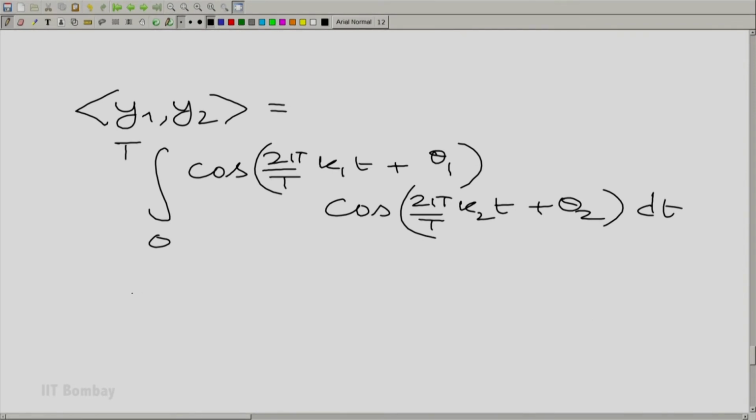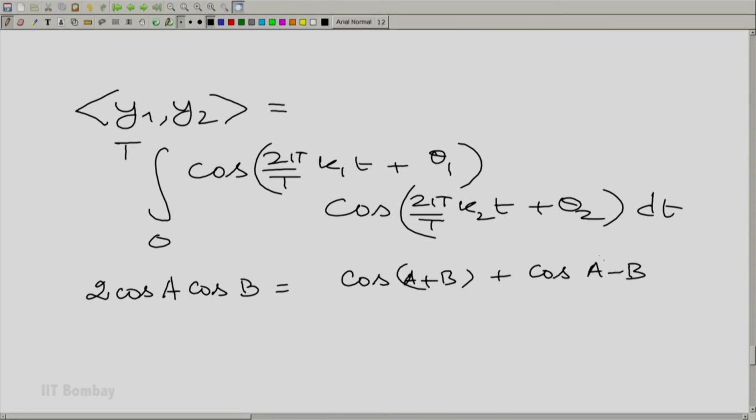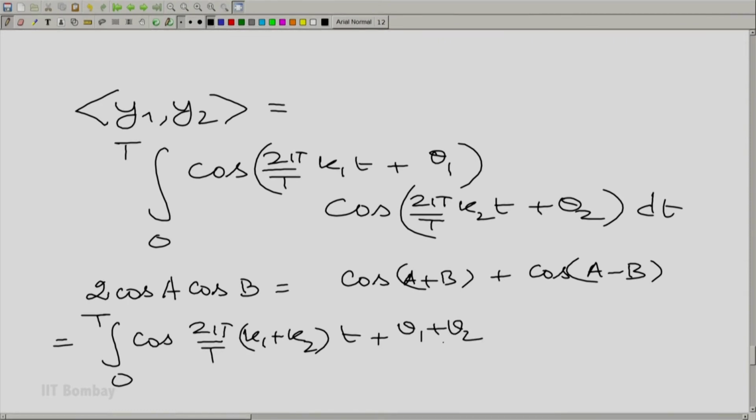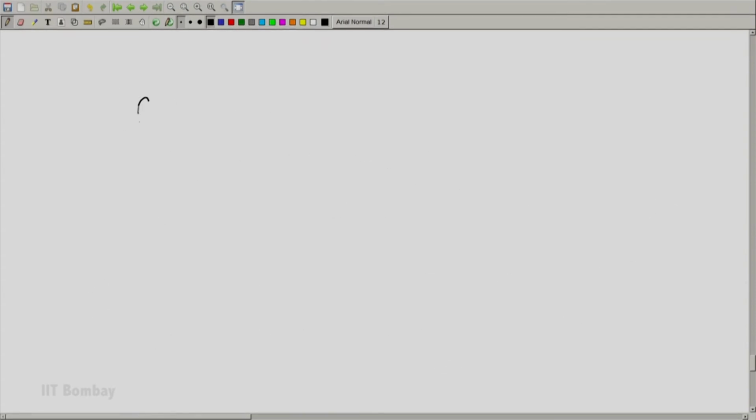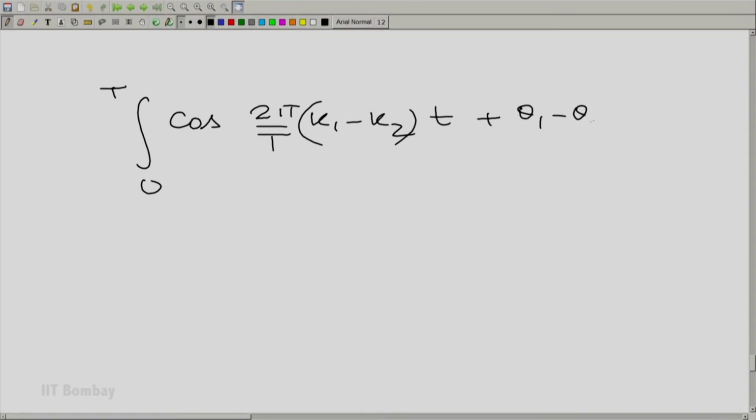You know that 2 times cos A cos B is essentially cos(A plus B) plus cos(A minus B), and therefore, this integral is the integral from 0 to T of cos(2 pi by T (k1 plus k2) t plus theta 1 plus theta 2) dt plus the integral from 0 to T of cos(2 pi by T (k1 minus k2) t plus theta 1 minus theta 2) dt.